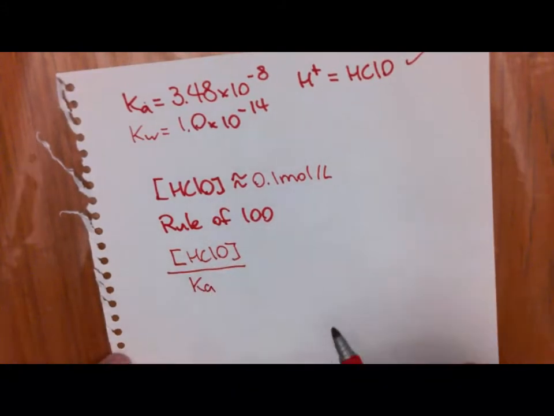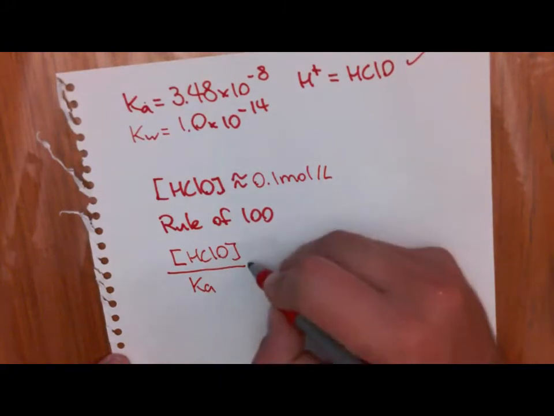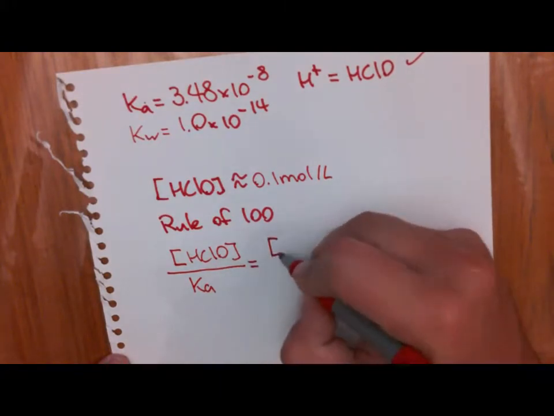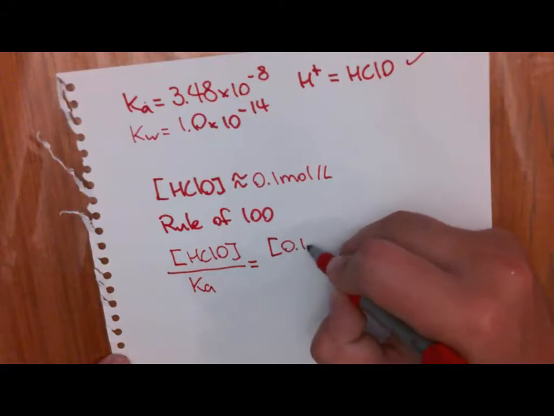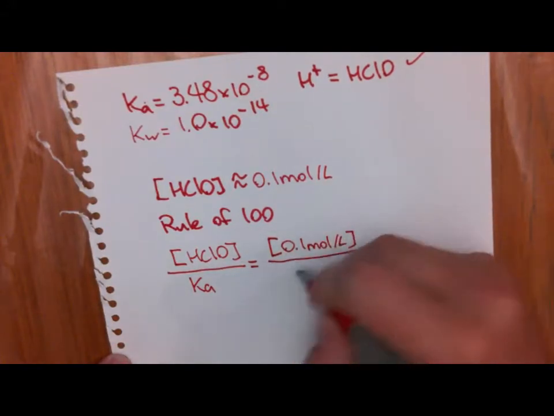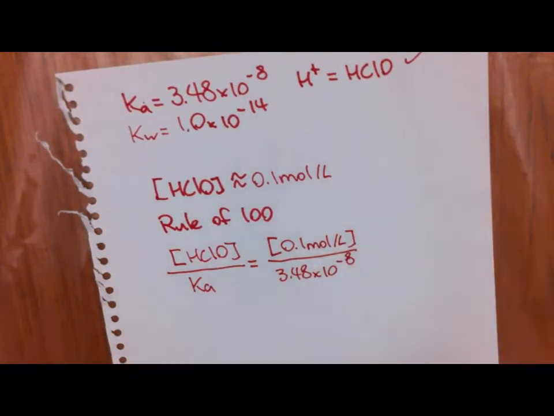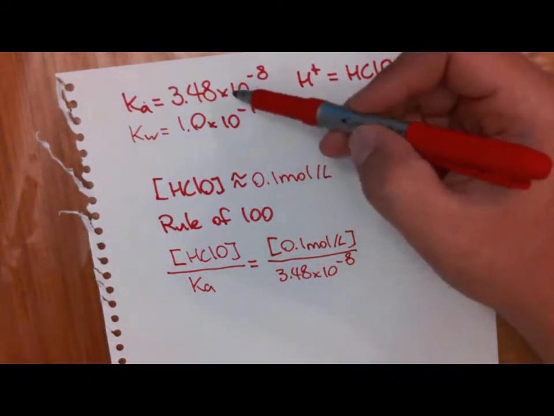So if we input our Ka that we calculated, as well as our initial concentration, we're going to see that it equals 0.1 moles per liter, all divided by 3.48 times 10 to the negative 8, which was our Ka value that we calculated earlier.